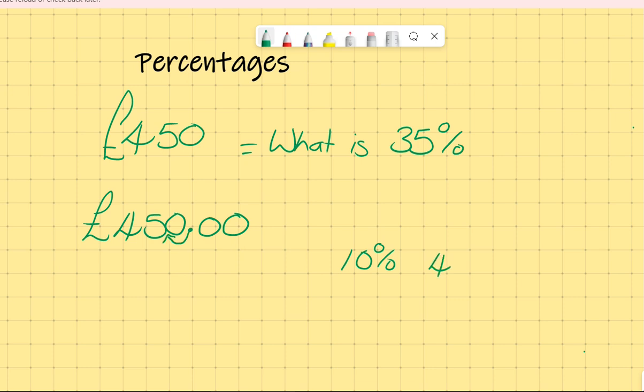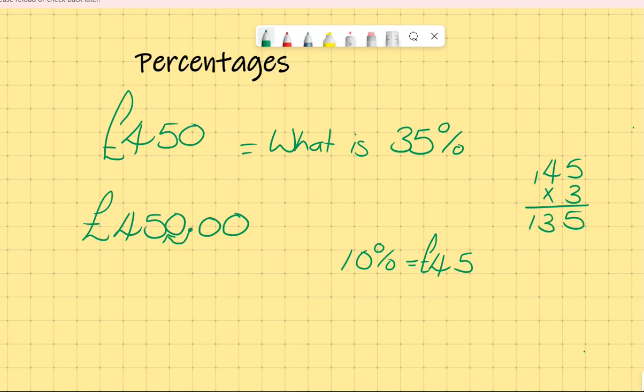So that'll give you £45. Okay, but we need 35%. So I know that 45 times by 3, that's going to give me my 30%. So 3 5s are 15, carry the 1, 4 3s are 12, add the 1, 13.